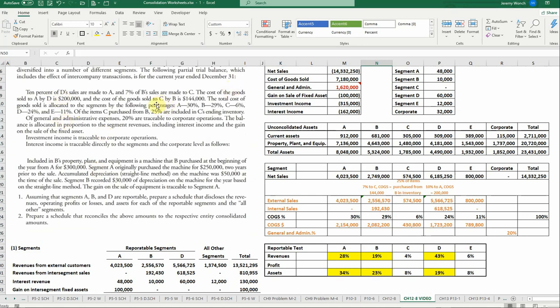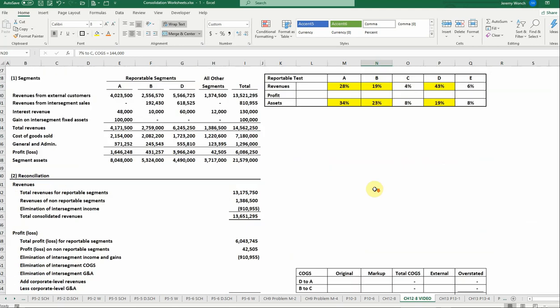So we have cost of goods sold from C to B is 144, and from A to D is 200. That's also noted here and here.